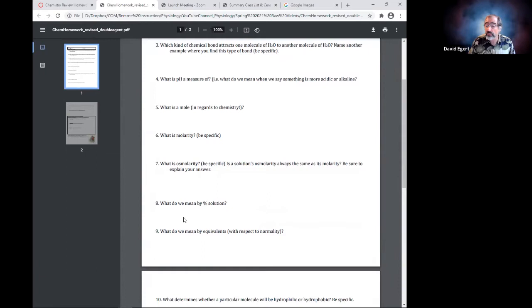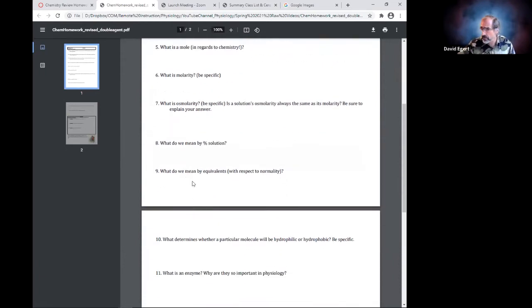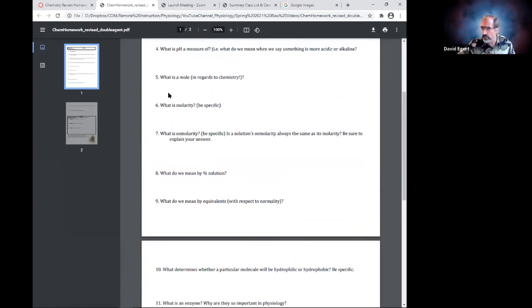So make sure whatever you answer, you actually know. Don't just copy verbatim the definition of a mole without understanding what you're saying. That's the danger. If you write what is a mole, make sure you understand what you mean.